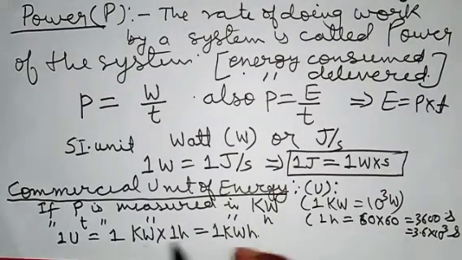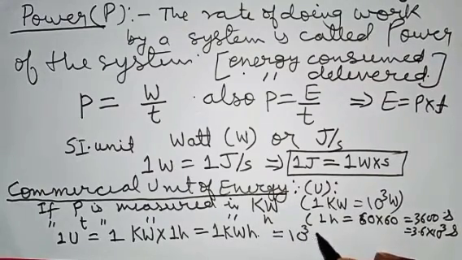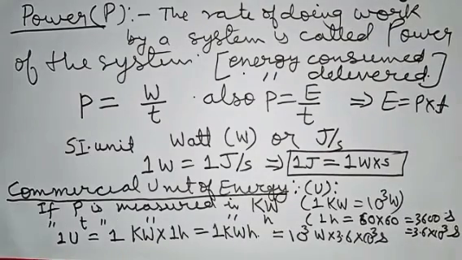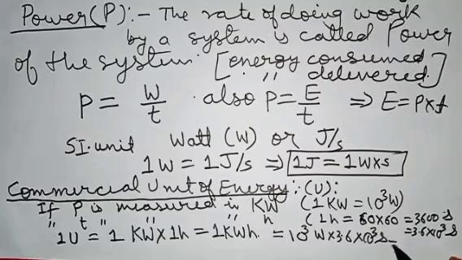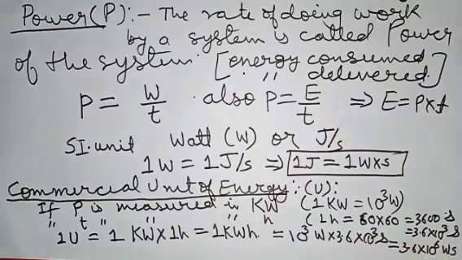And this 1 kilowatt hour is equal to 10 to the power 3 watt multiplied by 3.6 into 10 to the power 3 second. That is 3.6 into 10 to the power 6 watt second. And this watt second is equal to joule.